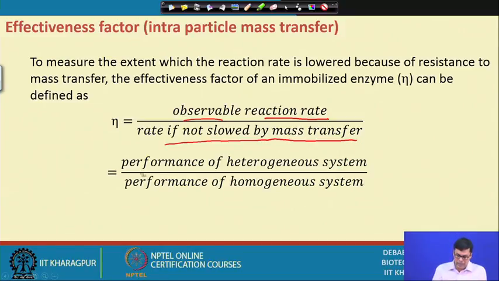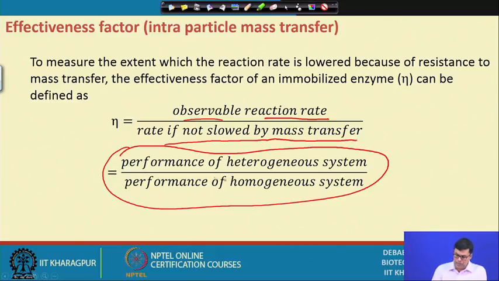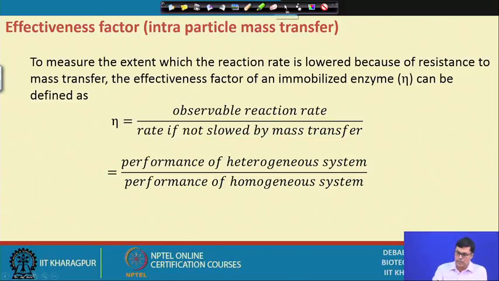This is actually the ratio of the performance of the heterogeneous system divided by the performance of the homogeneous system. As I told you, when eta equals 1, that means your heterogeneous system is equal to the homogeneous system. When it is less than 1, that means we have the mass transfer limitation problem. This is how the eta can be explained.